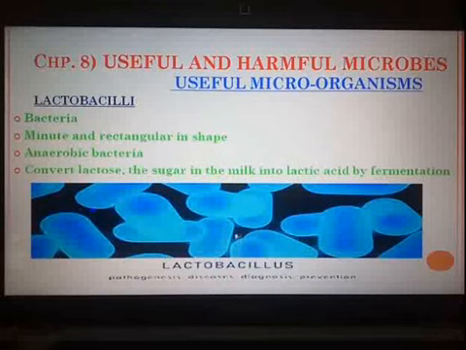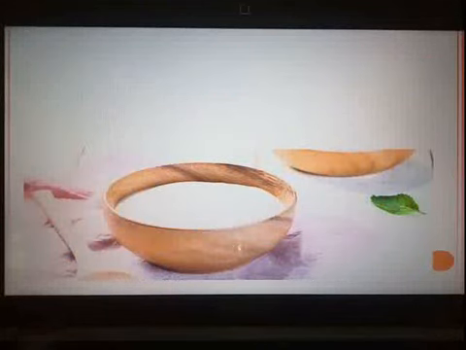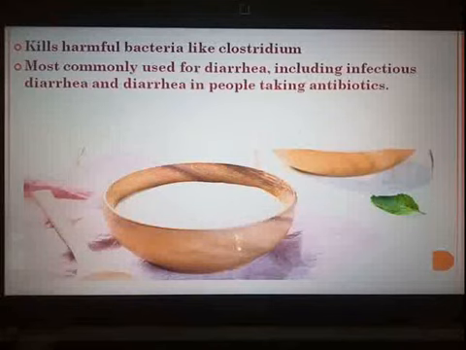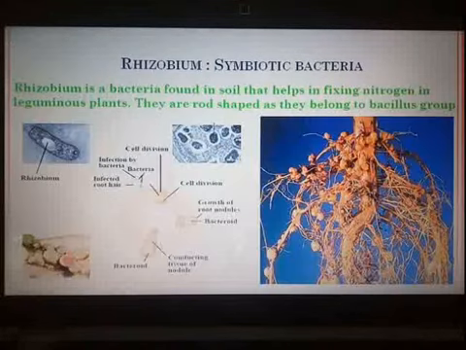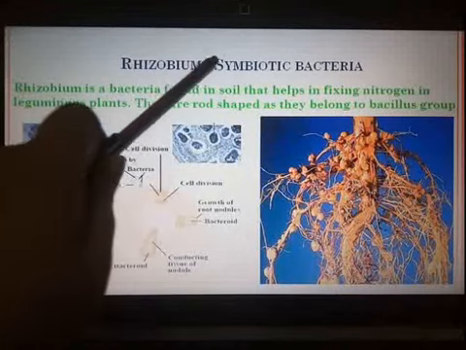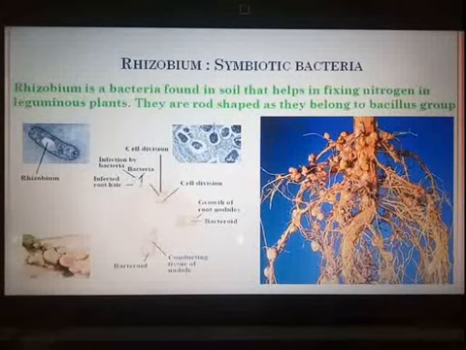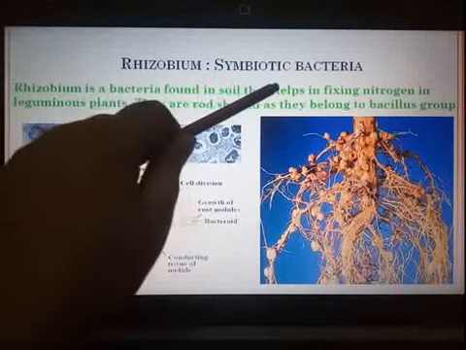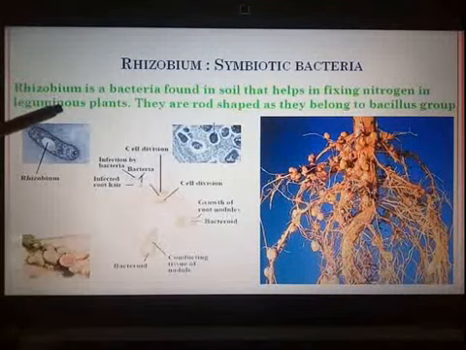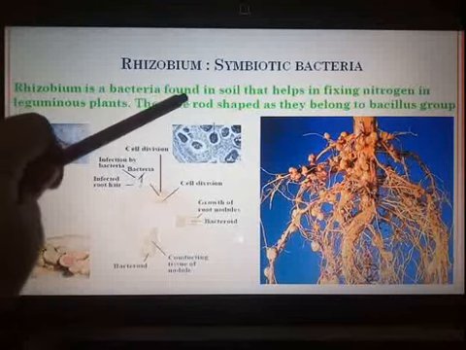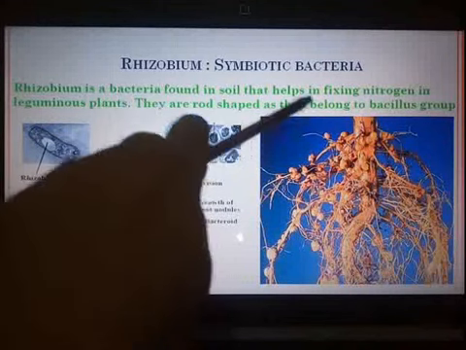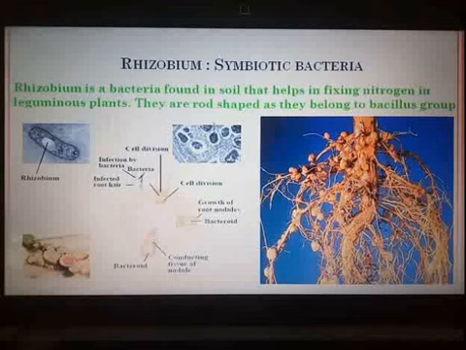The next useful microbe which we studied yesterday was rhizobium, which is also known as symbiotic bacteria. What is rhizobium? Rhizobium is a bacteria found in soil that helps in fixing nitrogen in leguminous plants. They are rod shaped as they belong to the Bacillus group.